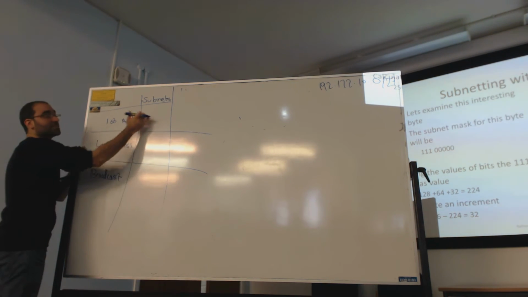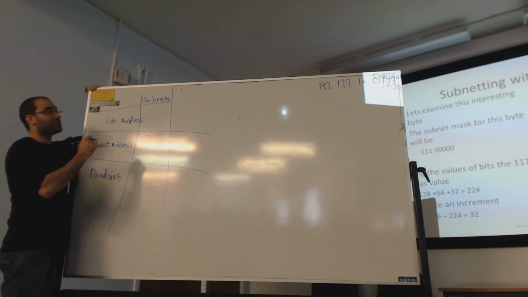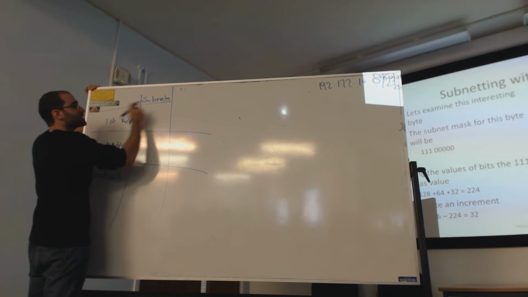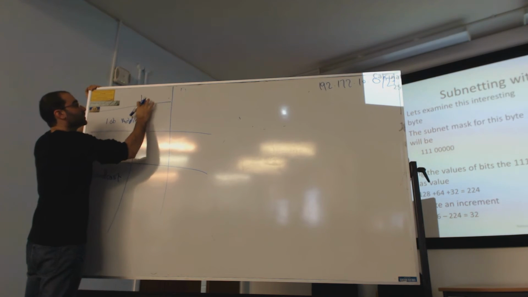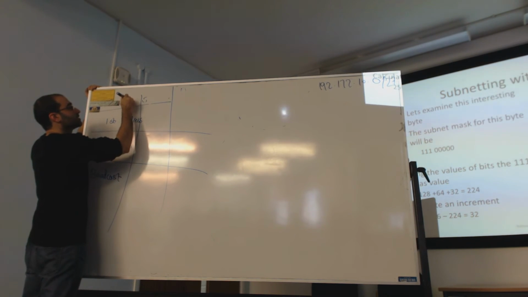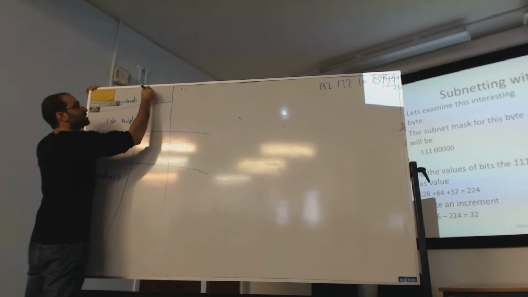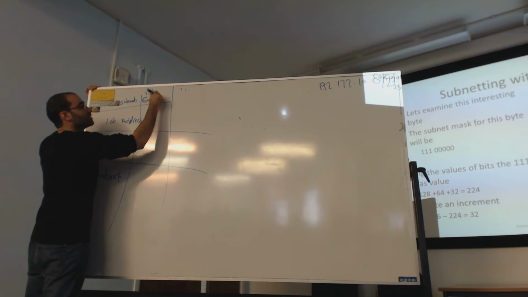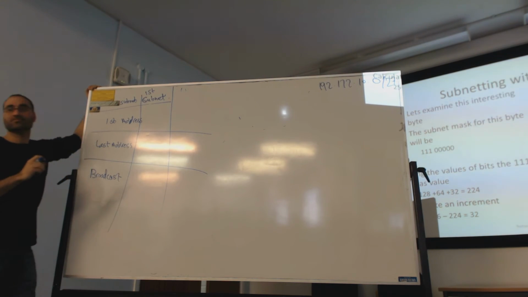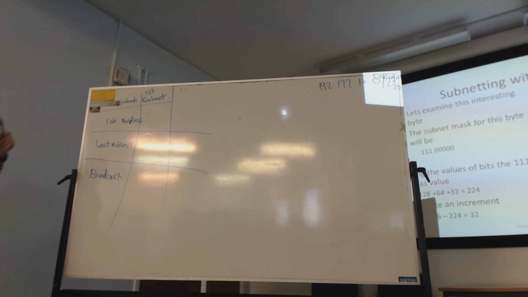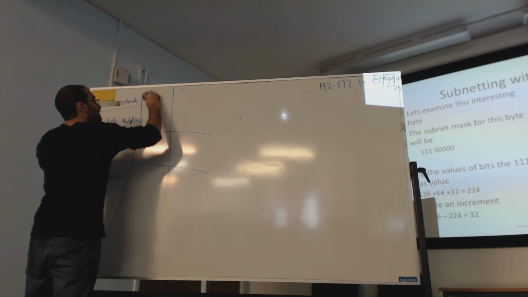First address in the first subnet, what is it? Now I want to know, not the first address, give me the subnet itself. So I'm going to do the first subnet. What's the address here? Okay, tell me the full address. What is it?